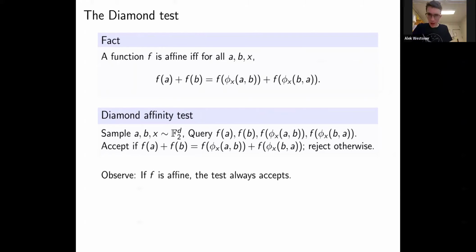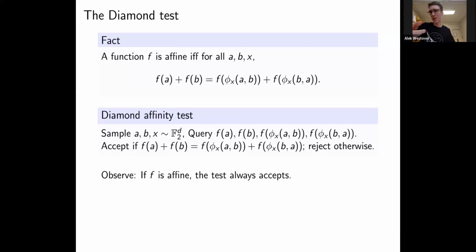And I want to highlight for a second that one reason why this test is pretty interesting is that it feels pretty different from the kinds of things that we were doing in the standard BLR test. In the BLR test, you have some kind of addition that you're doing, but here we're just having a permutation. So obviously the BLR test doesn't really make any sense over grids, because there's not really a nice way to define the notion of addition.